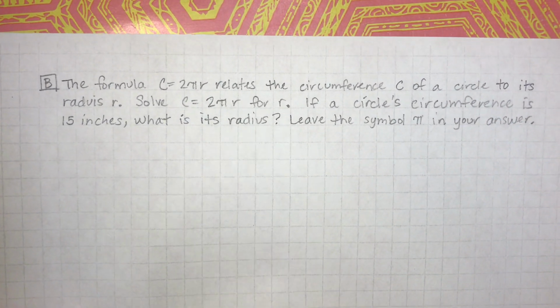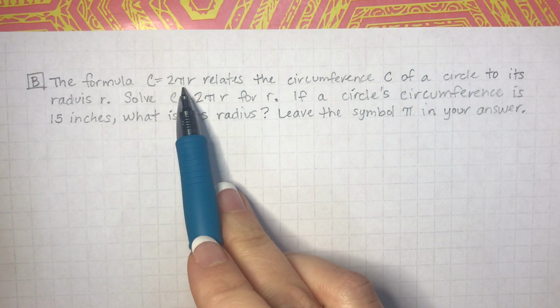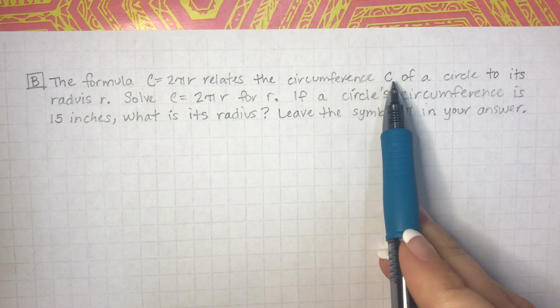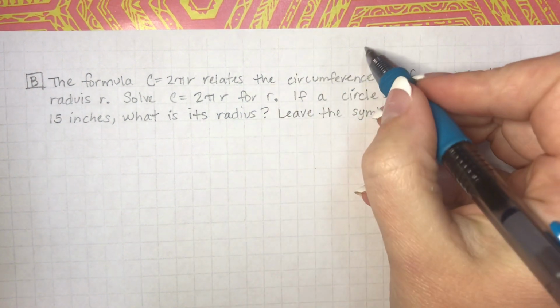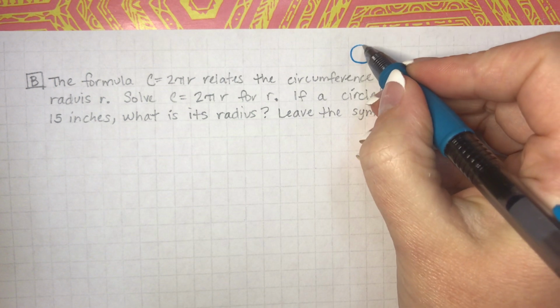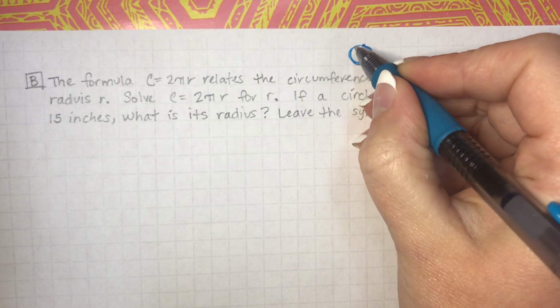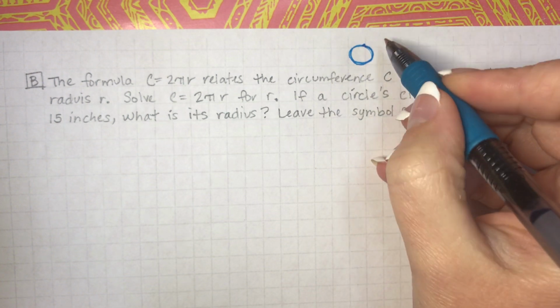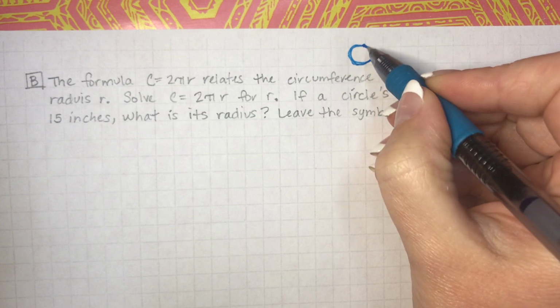B says that the formula C equals 2 pi r relates to the circumference C of a circle. The circumference, you remember, if we have a circle and start here, is the distance all the way around the circle. Sometimes I like to say circumference is just the same thing as the perimeter.